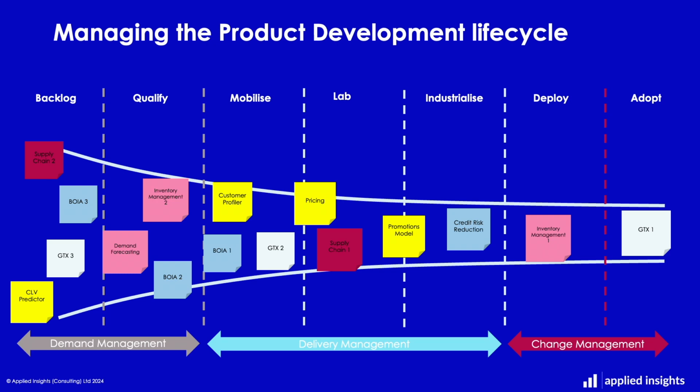So let's pick up on a couple of points in a bit more detail. First of which is, how are you going to capture demand and qualify demand? What's your front door going to look like? How are people going to get their ideas or requests into your demand management process? Well, this could be as simple as an email address or perhaps some kind of ticketing portal.